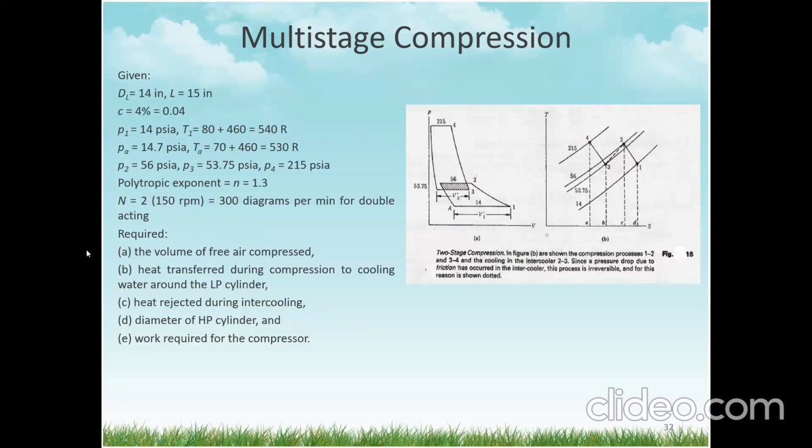So, given: DL is 14 inches for the low pressure cylinder, L is 15 inches, c is 4% or 0.04, P sub 1 is 14 psia, T sub 1 is 80 plus 460 or 540 Rankine, P sub A is 14.7 psia, T sub A is 70 plus 460 or 530 Rankine, P sub 2 is 56 psia. Here is the TS diagram and this is the PV diagram. 2 to 3 is intercooling with pressure drop.